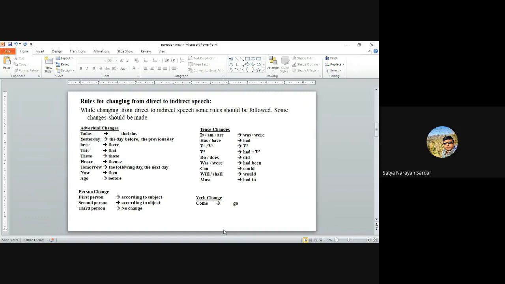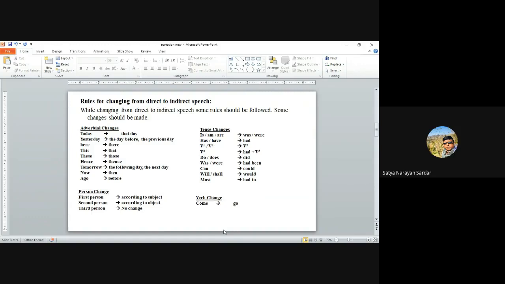Verb 1 into verb 2, verb 2 into had plus verb 3, do or does into did, was or were into had been, can into could, will or shall into would. Should is not the past form of shall, so shall also can be indicated by would.